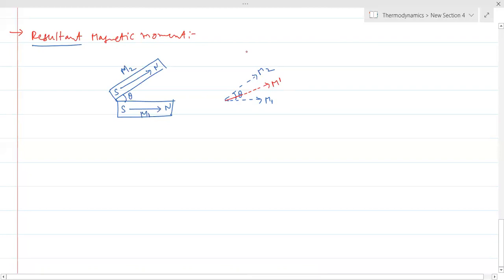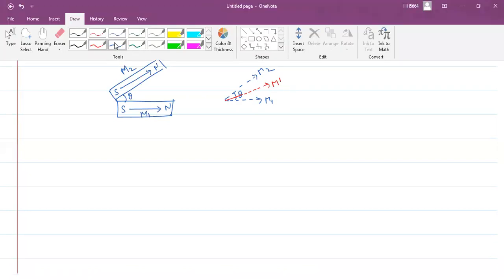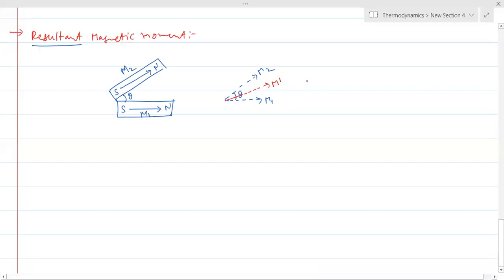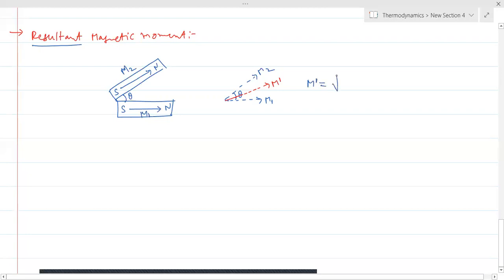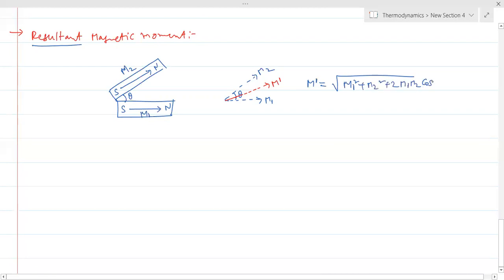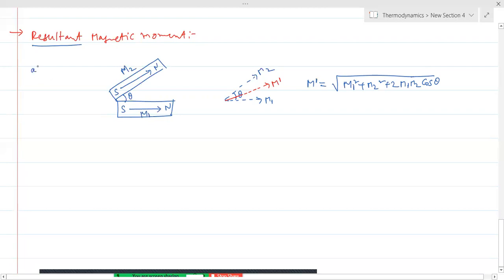This is similar to vector addition, R equal to root over P squared plus Q squared plus 2PQ cos theta. Therefore M dash is equivalent to root over M1 squared plus M2 squared plus 2 M1 M2 cos theta. This is the case when like poles are in contact.